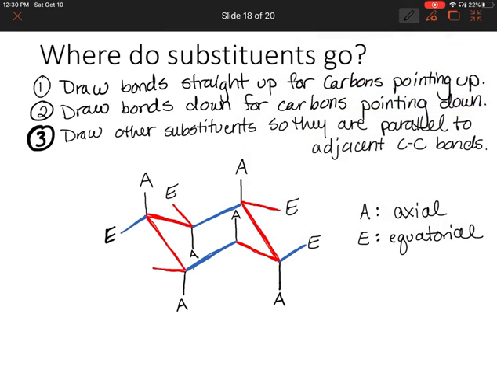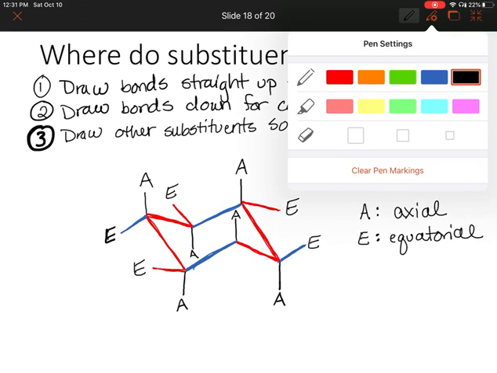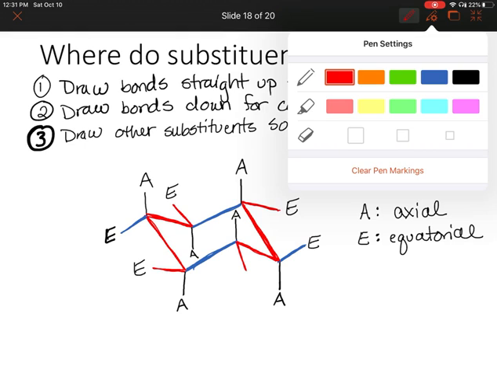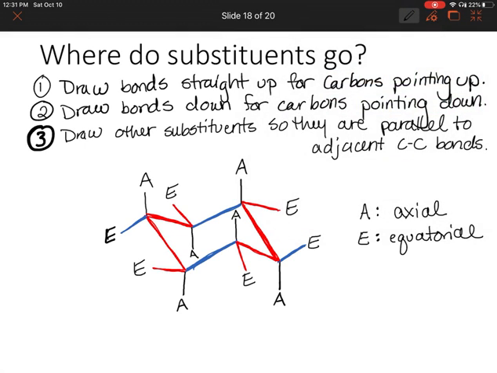So that will be equatorial. And then finally, we have our last bond. So this one will point down, similar to the left or right bonds in red. And that is also equatorial.